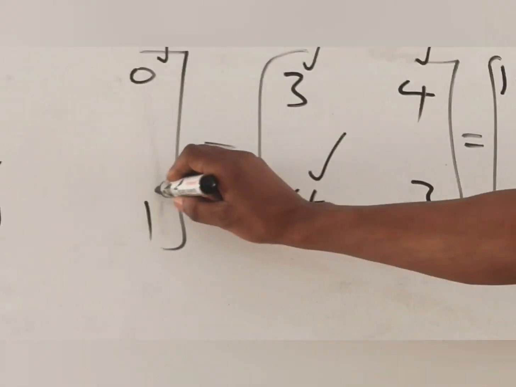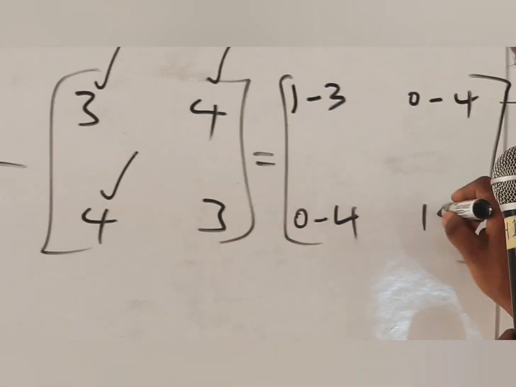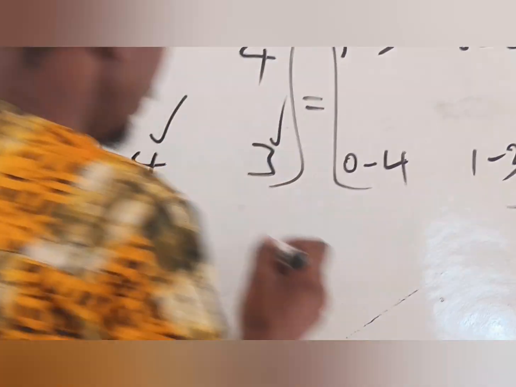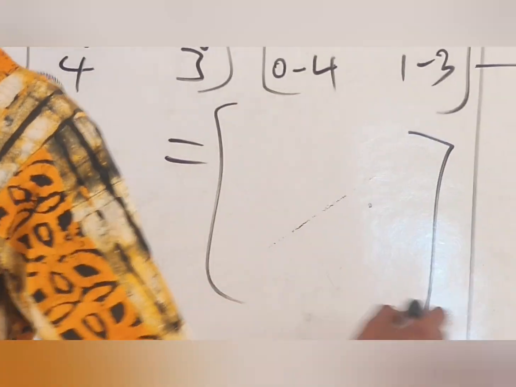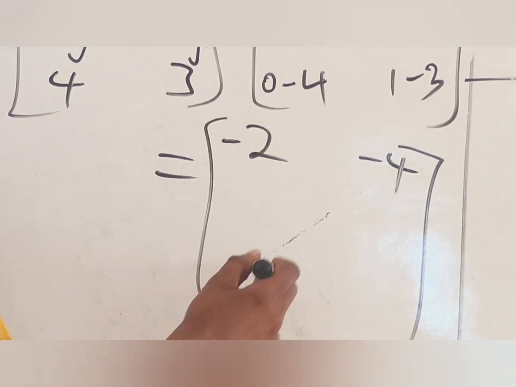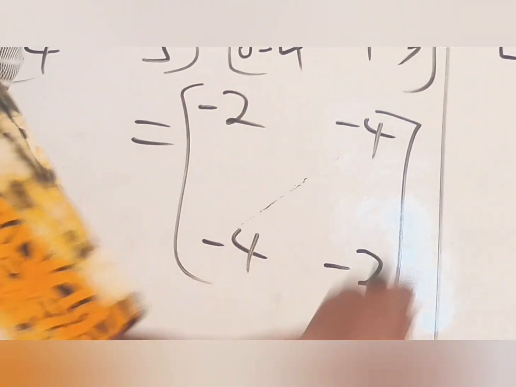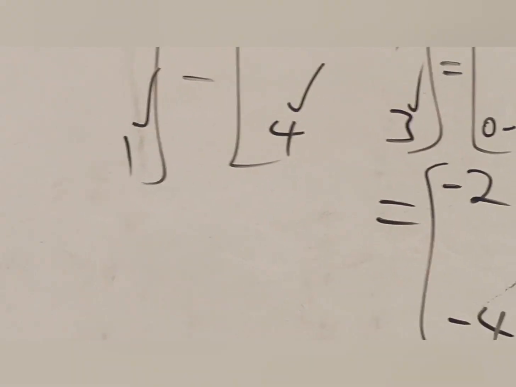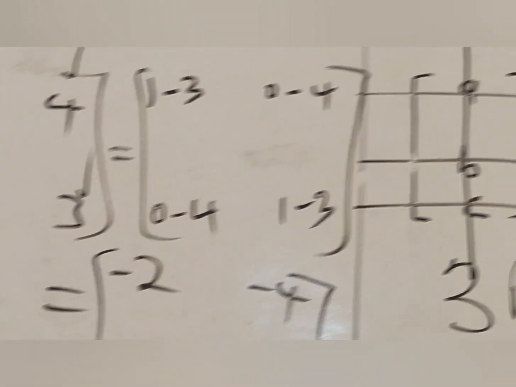Then bottom right, 1 minus 3. So let's see what we get. Negative 2, and then negative 2. Thank you. So that is how we subtract.